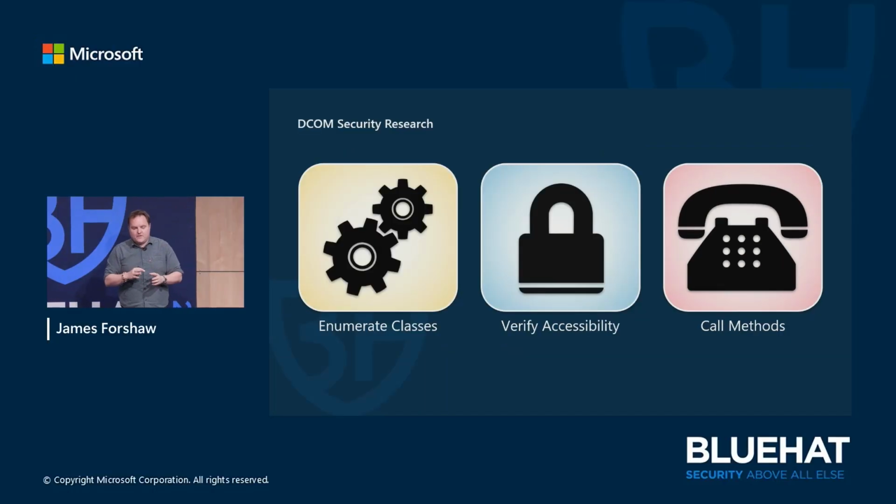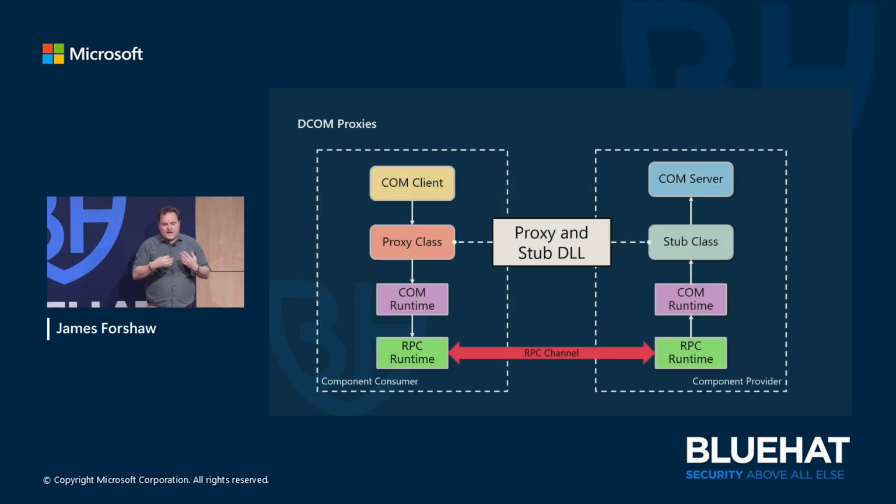Okay, so the final thing, and the majority of this talk, is talking about how to call methods on unknown COM objects. And it's worth just going into how the infrastructure works a bit. So in order to call an out-of-process COM object, you need something called a proxy/stub DLL installed.